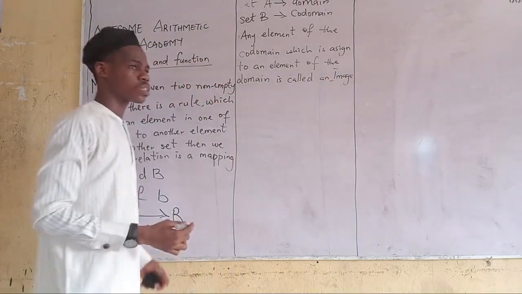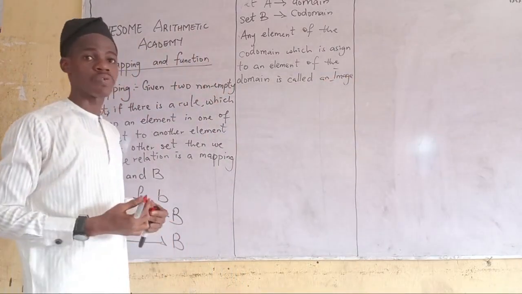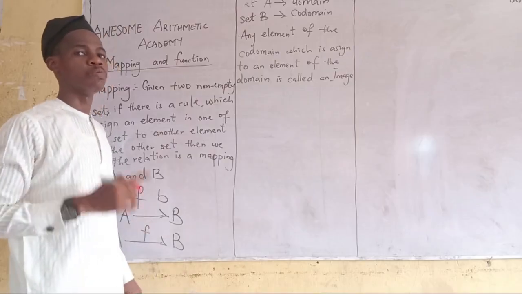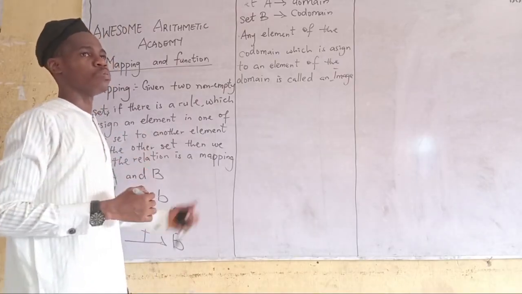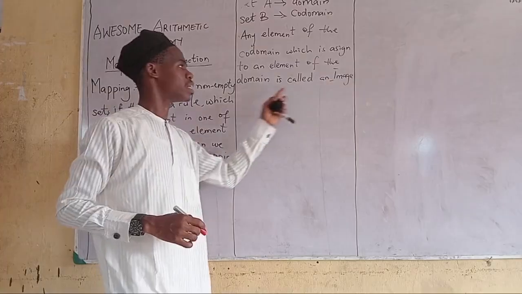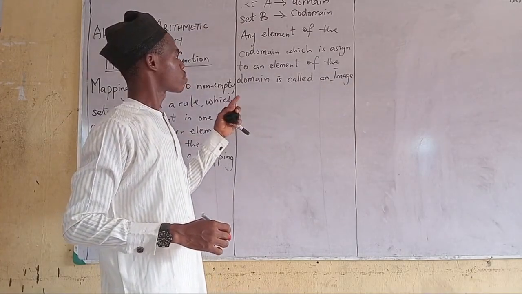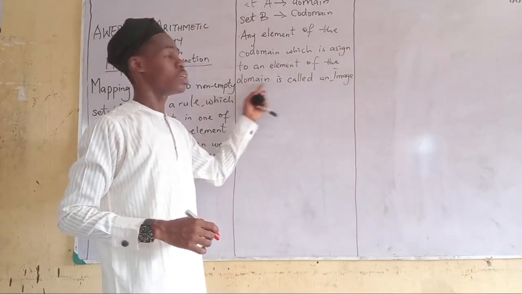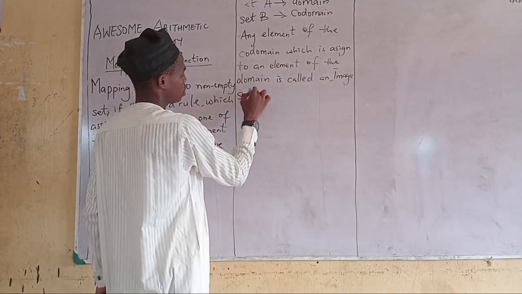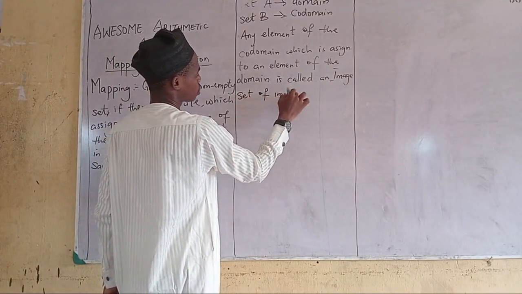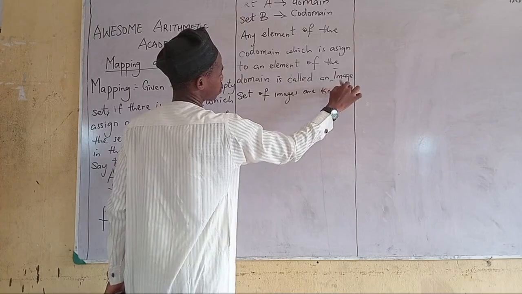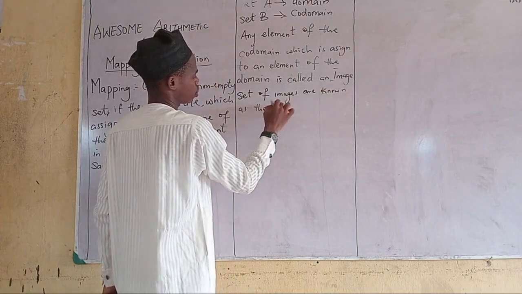So this is telling us that all the elements of A must have a unique element in B, but not all elements of B must have an element from set A. Any element of B that has an element from the domain is going to be an image, and the set of images is known as the range.